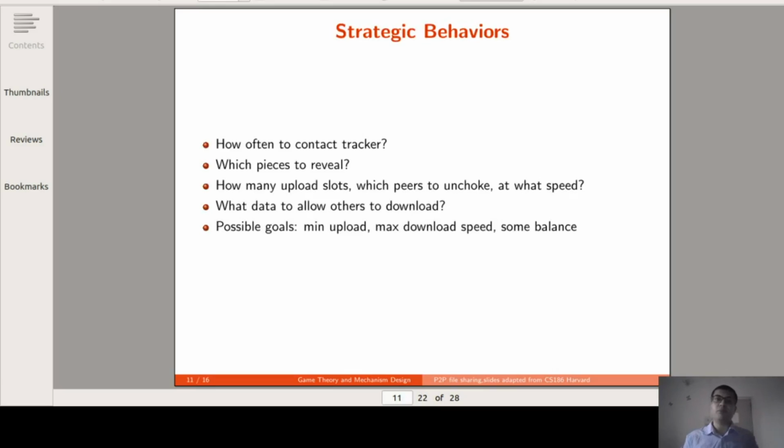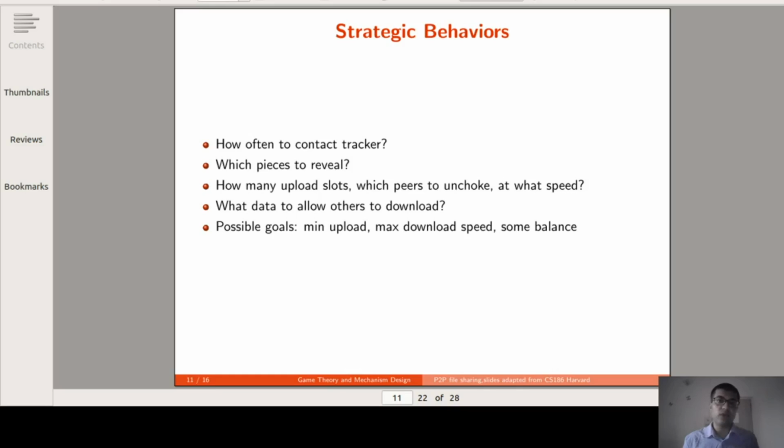What can be some potential strategic behaviors even in this BitTorrent world? Of course, BitTorrent solves one of the very fundamental problems, but it still is not without flaws. There are certain aspects which can be exploited by a strategic agent. One of them is how often to contact the tracker. If you contact the tracker too often, then you can possibly get a list of new peers, and you can request them and in some sense exploit their optimistic unchoking.